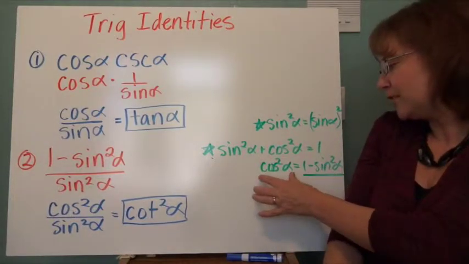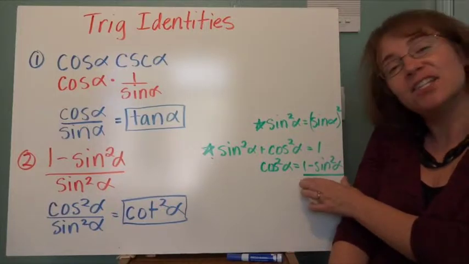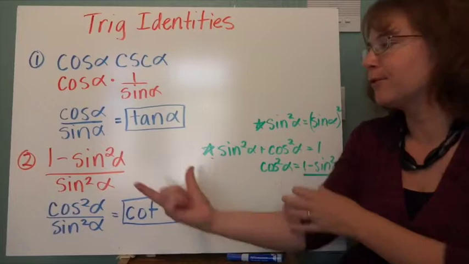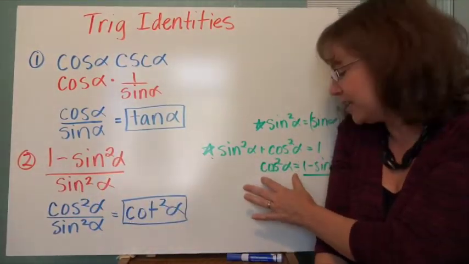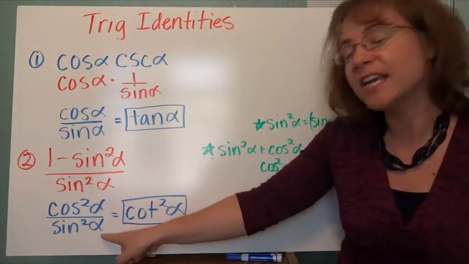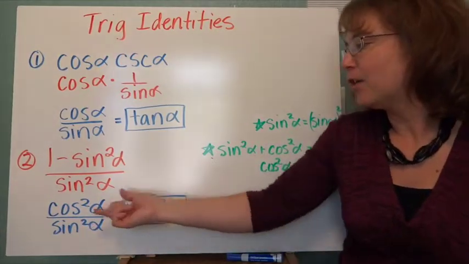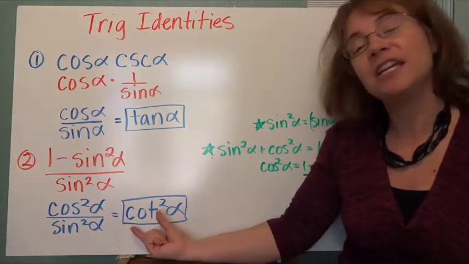If I solve for cosine squared of alpha, I have cosine squared of alpha is equal to 1 minus sine squared of alpha, and I have 1 minus sine squared of alpha right here. So instead of 1 minus sine squared of alpha, I can substitute in this cosine squared of alpha. So cosine squared of alpha over sine squared of alpha.